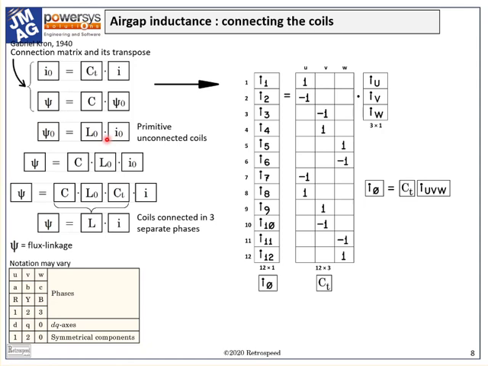The connections are defined by a connection matrix C and its transpose CT. It's easy to see how this matrix is formed. For example, the current in coil 1 is equal to IU, the current in phase U. So we put a 1 in this element at the top left. Similarly, the current in coil 2, going back to the connection diagram, is the negative of IU.